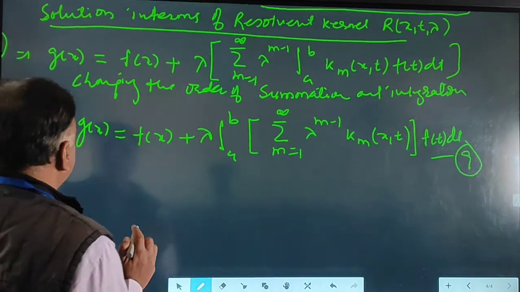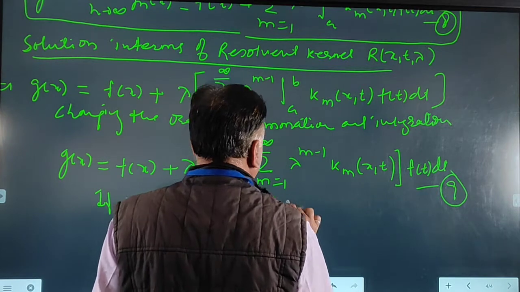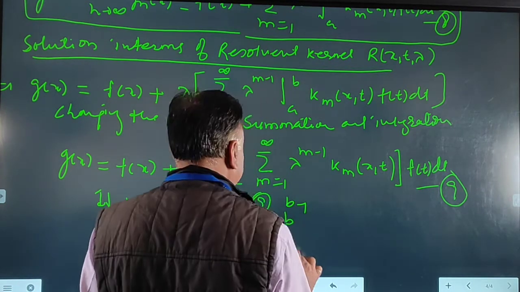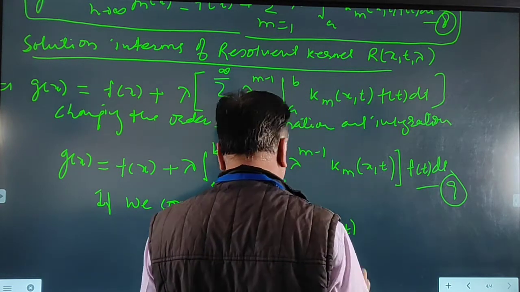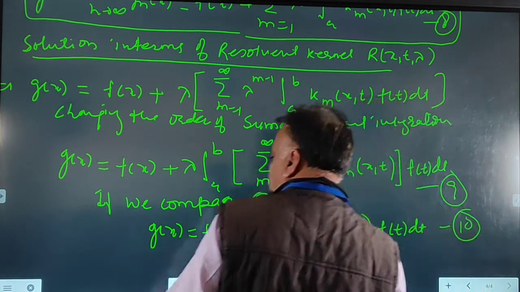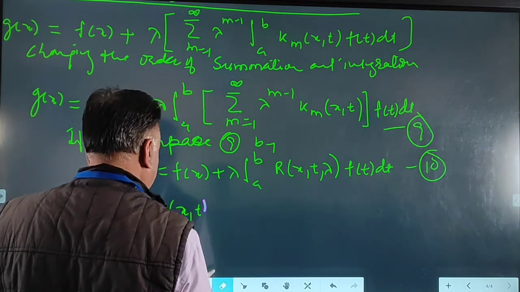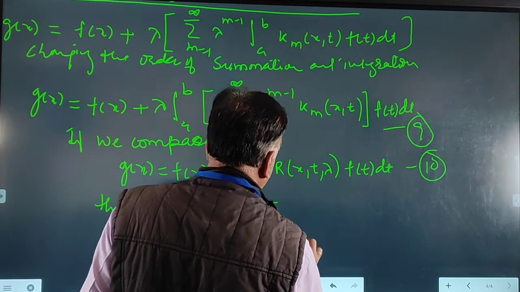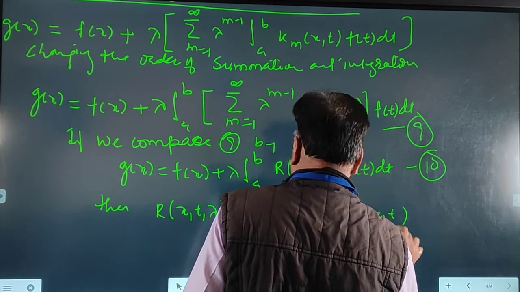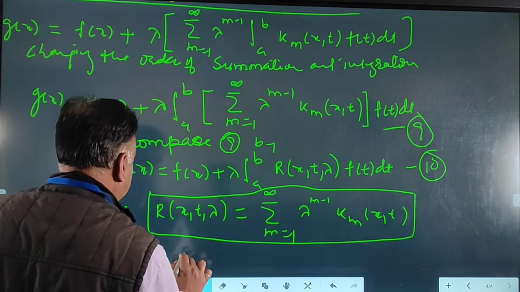Now if we compare 9 with gx is equal to fx plus lambda integral a to b rxt lambda ft dt, then rxt lambda is equal to summation m is equal to 1 to infinity lambda raised to m minus 1 km xt, which is the resolvent kernel.